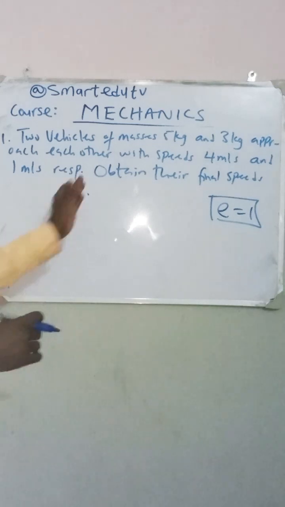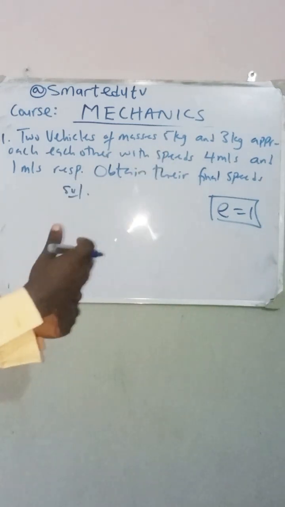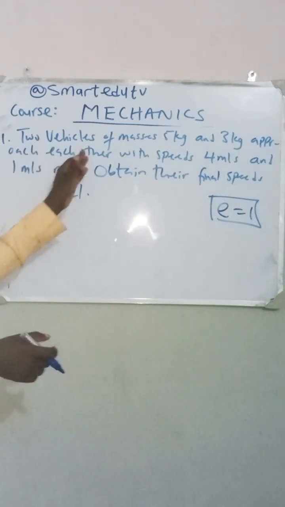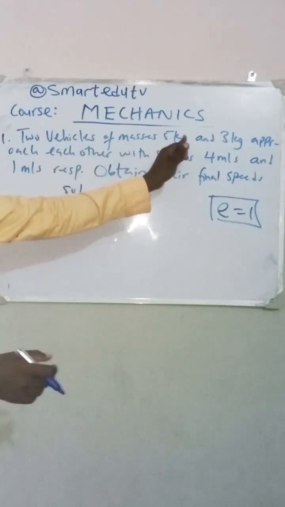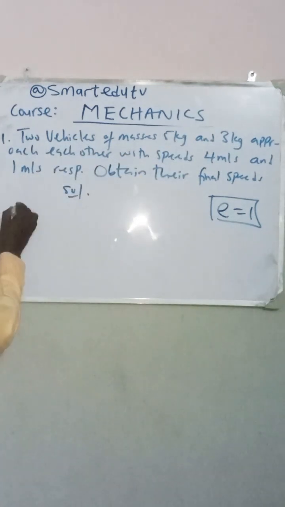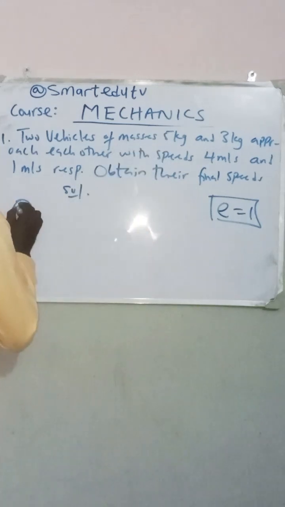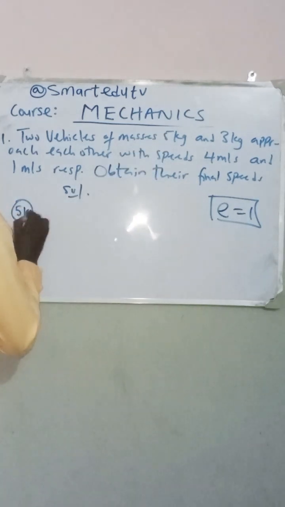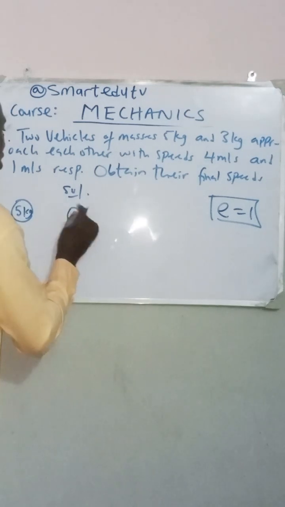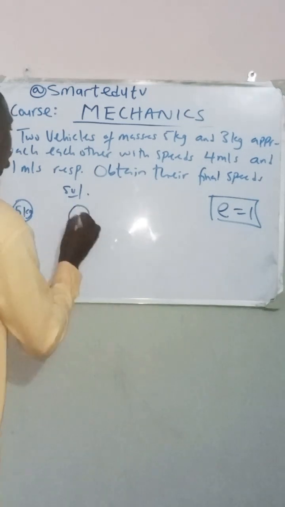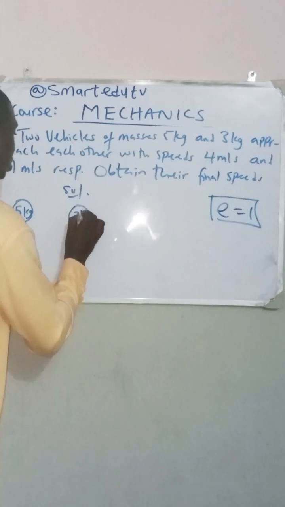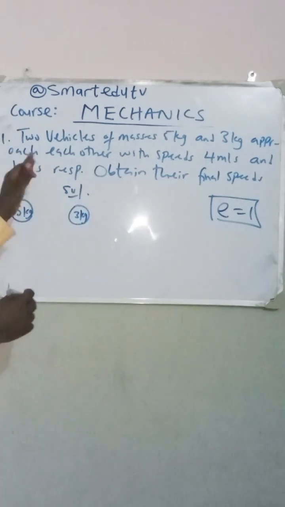Before we solve this problem, we need to sketch the diagram. Two bodies or two vehicles of masses 5 kg and 3 kg. Let's assume this is the first body with mass 5 kg, and this is the second body of mass 3 kg. They approach each other.